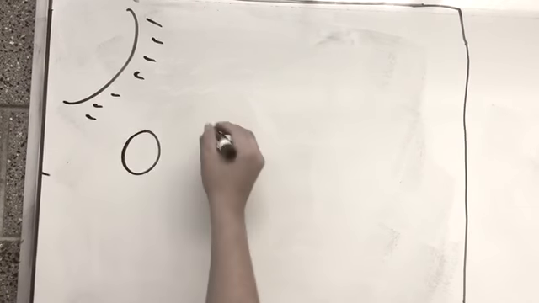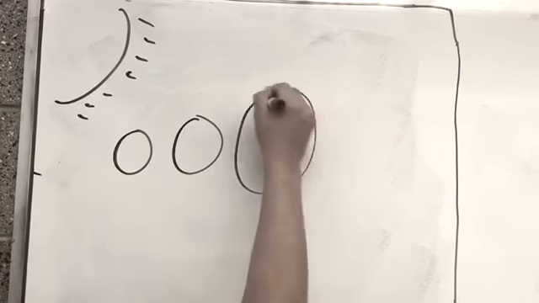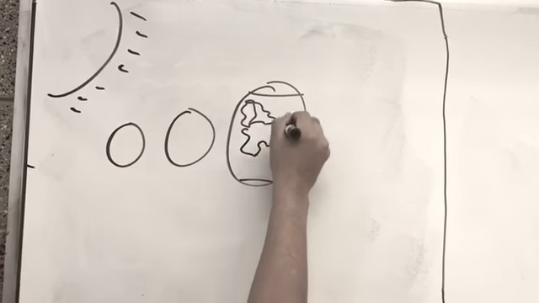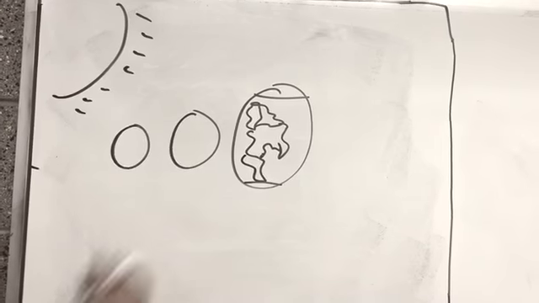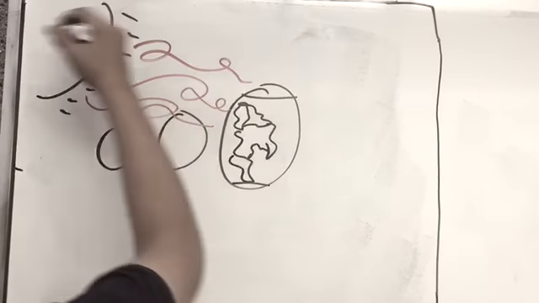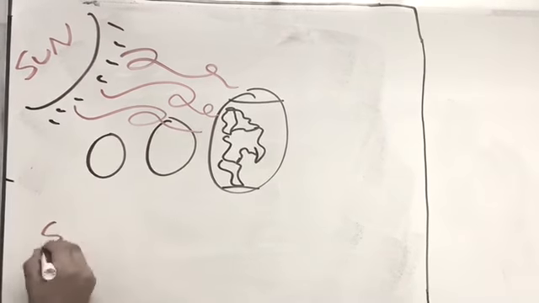This is the sun, and here is the order of the planets, and that is Earth. Then the rays of the sun are attracted more because of the greenhouse gases.